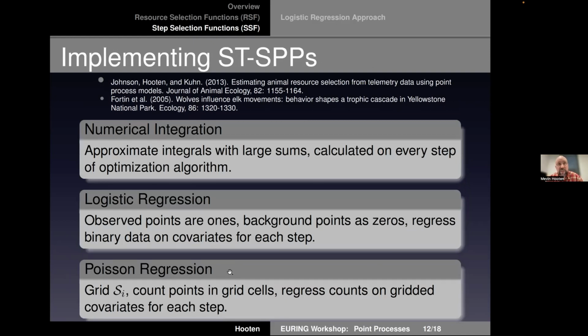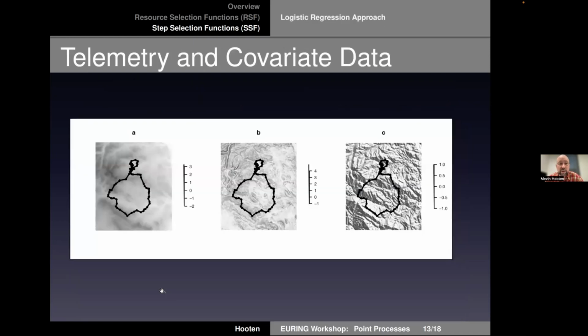The only difference is that you have a step-specific intercept. I think this is very little known. This is not something people talk about. But the correct statistical model is, let's say, logistic regression. I can't remember how I do it with Poisson regression. Let's see. I'm going to give you a demonstration of that.